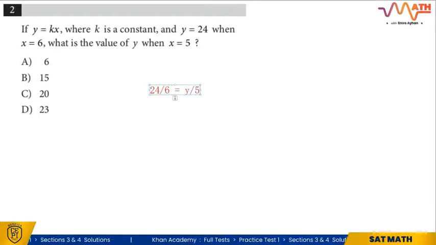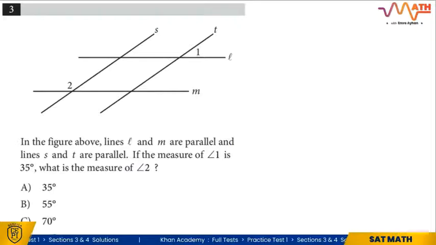You'll find y here, and when you send 5 to the other side, 24 over 6 is 4, right? And y will be equal to 4 times 5, which is 20. Yes, question number 3, let's continue.